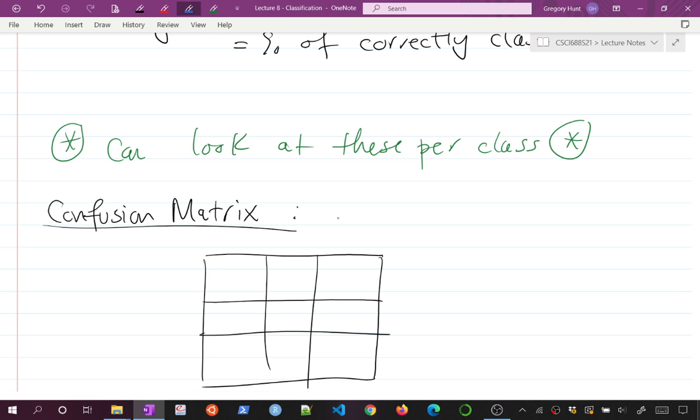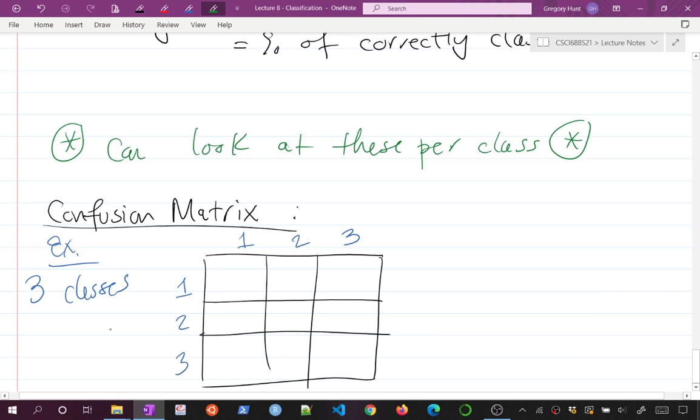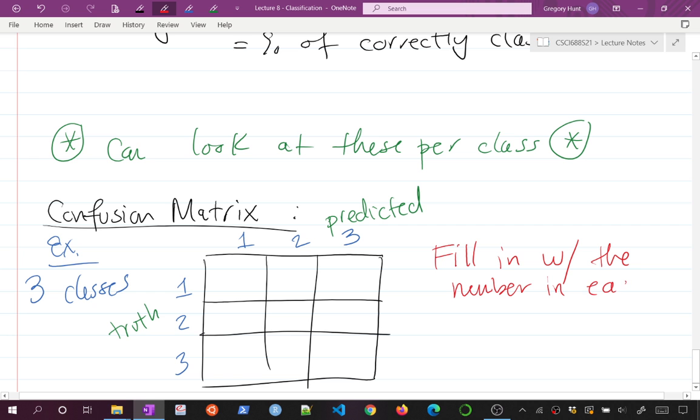And so let's say this is an example where I have 3 classes. And I'll just label them class 1, class 2, class 3. And I'll label my rows and columns 1, 2, and 3. And my rows, let's say, are the truth, and my columns are the predicted. And then I'm going to fill in the table with the number in each bin.